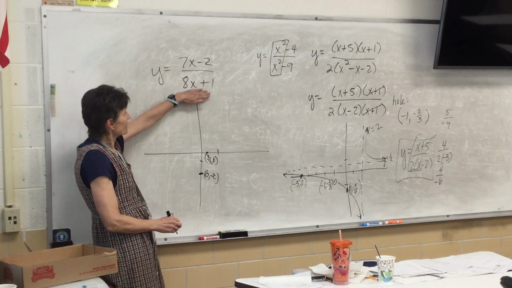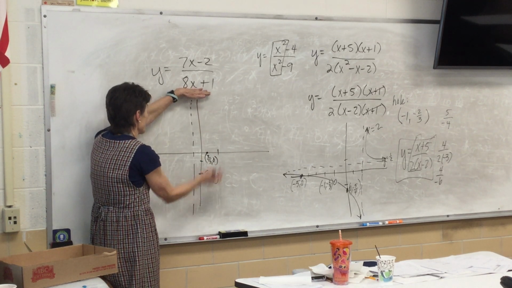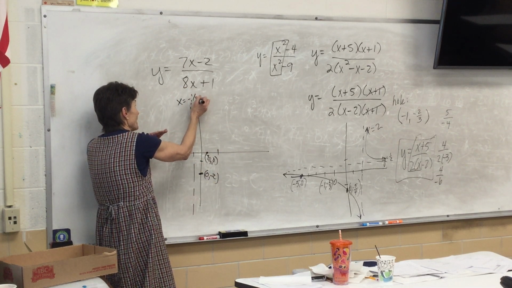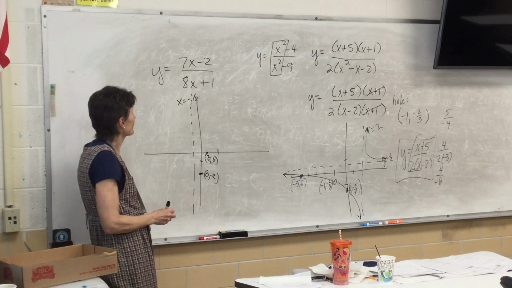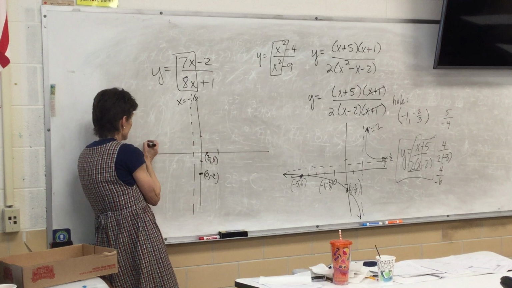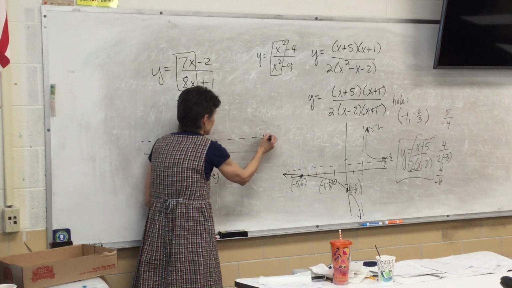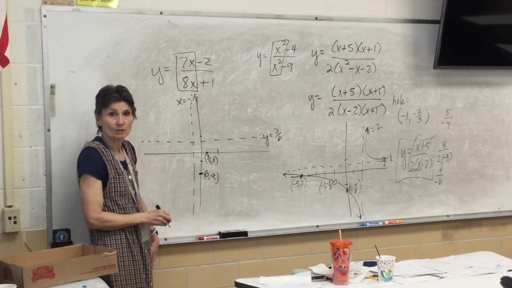Your vertical asymptote comes from the denominator, and it looks like x equals -1/8 is going to be my vertical asymptote. My horizontal asymptote comes from here, so y equals 7/8 is my horizontal asymptote.